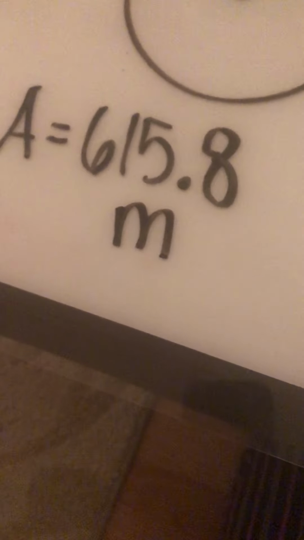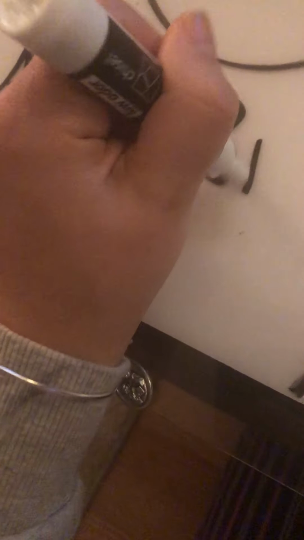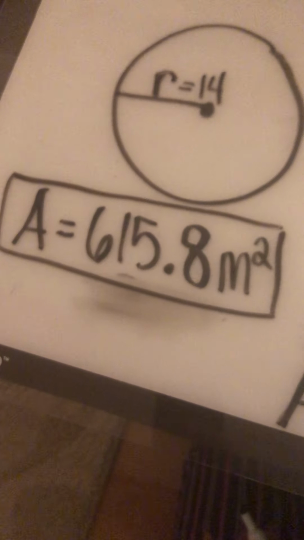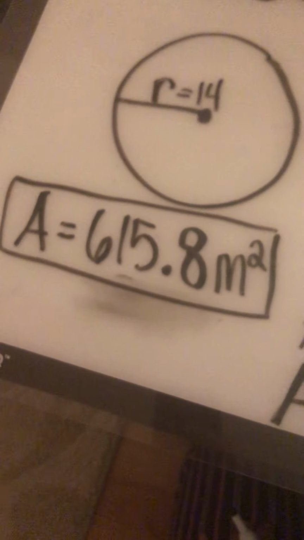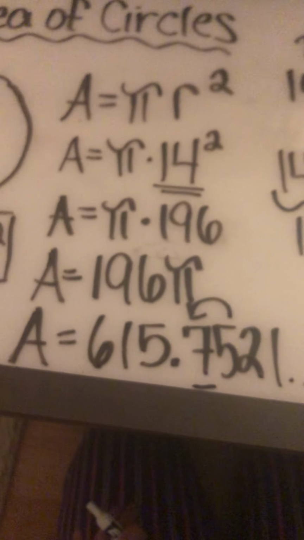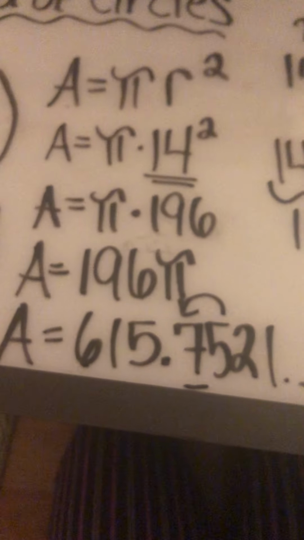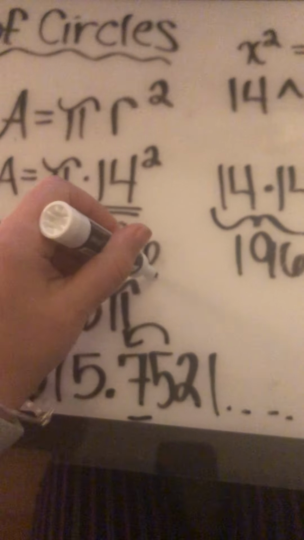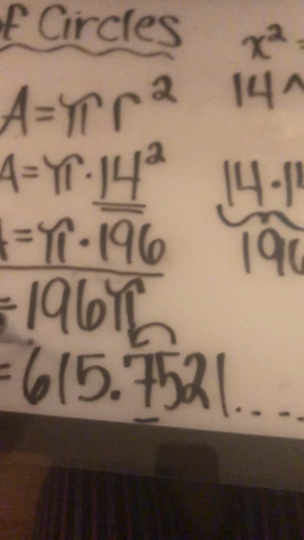And now since we're in area, we raised the unit to the second power. So I feel like some people don't like it there, so I will put it next to the final answer. Meters squared. Okay, so this is our final answer if they asked us to round to a given place value. Sometimes they may just ask you to leave your answer in terms of pi. And what that answer would be is right here, this response here.